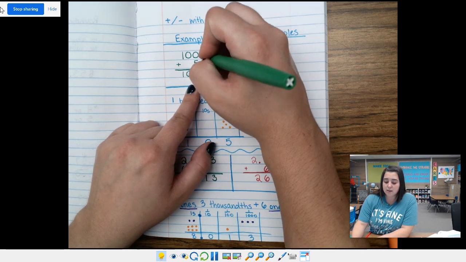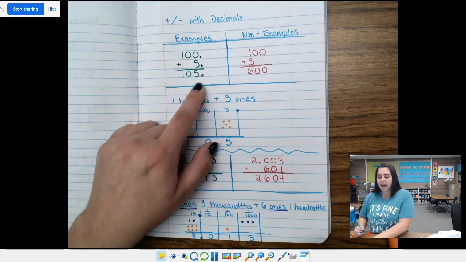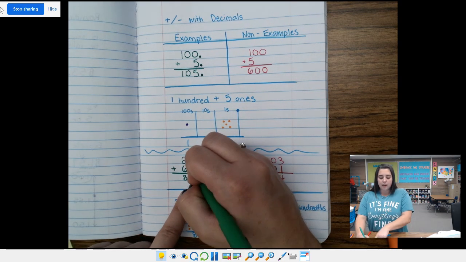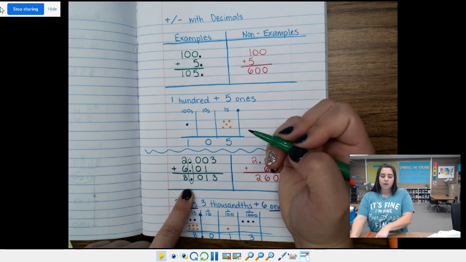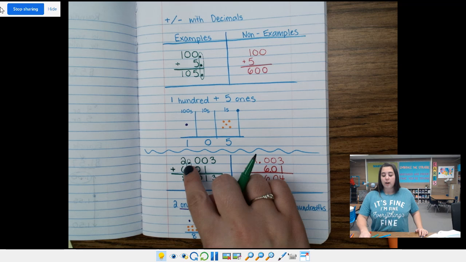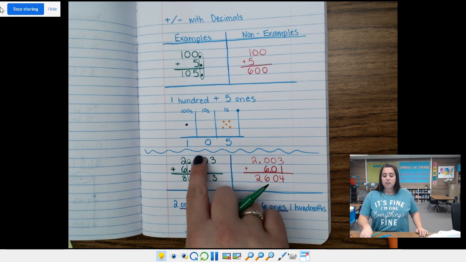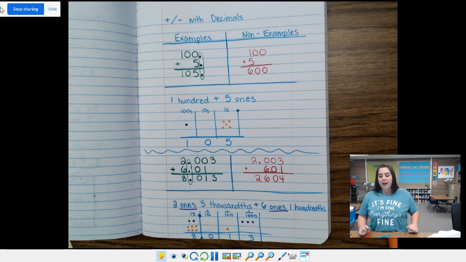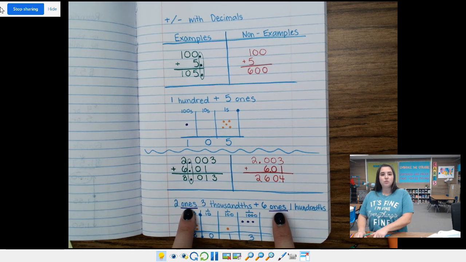So this actually is showing what this is, where my decimals are lined up together, because that ensures that you're adding your ones together, your tenths, your hundredths, your thousandths. You can only add like values or like place values.